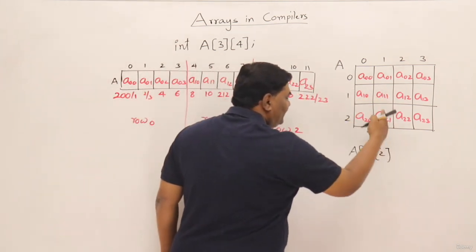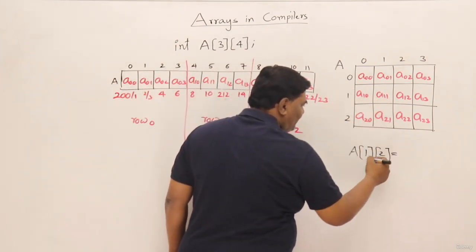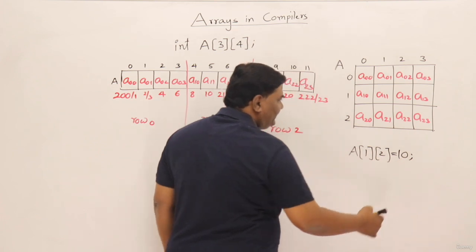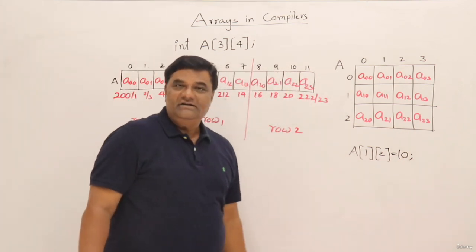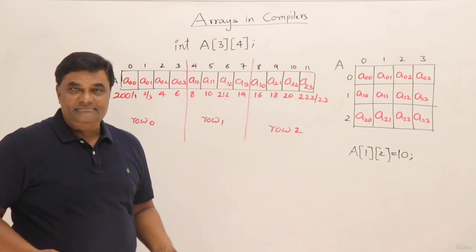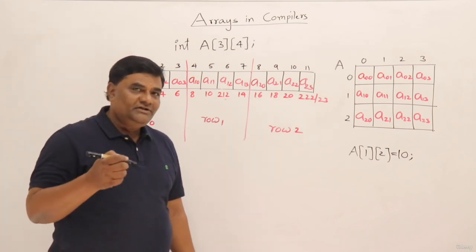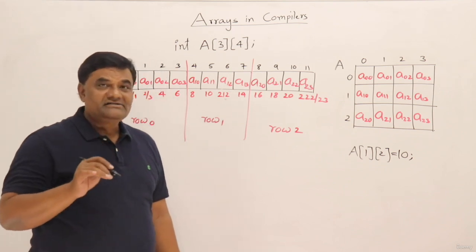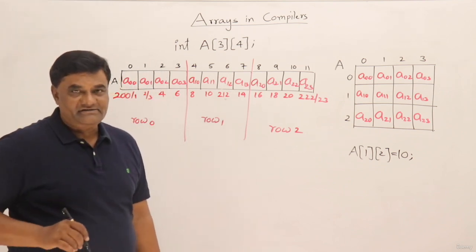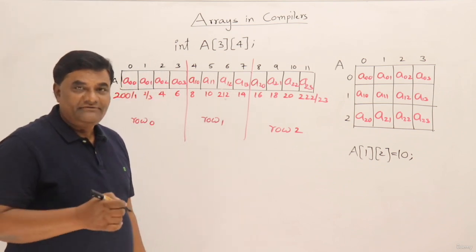Now in our program we will be writing like this, say A of 1, 2 I want to store the value 10. Then that A of 1, 2 has to be converted in the form of an address by the compiler. So already we know that the addresses cannot be known at compile time. So compiler writes the formula for obtaining an address. So let us observe what should be the formula.